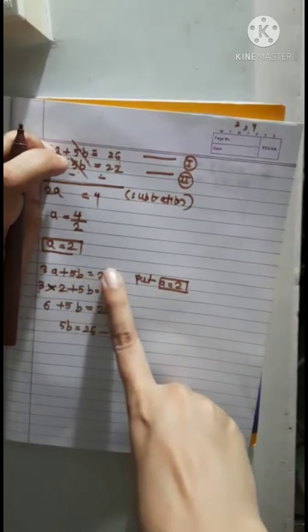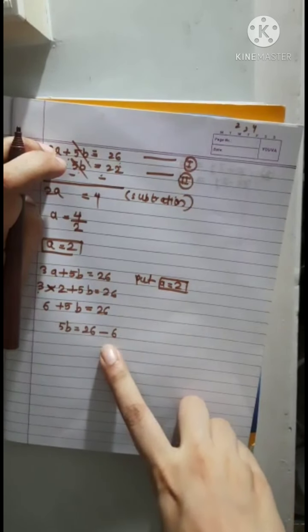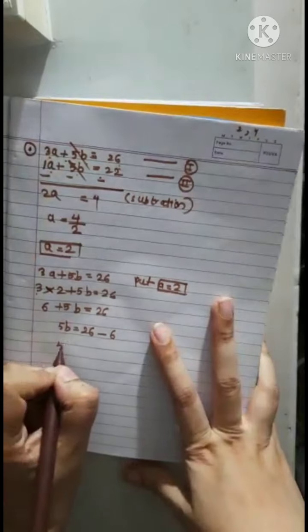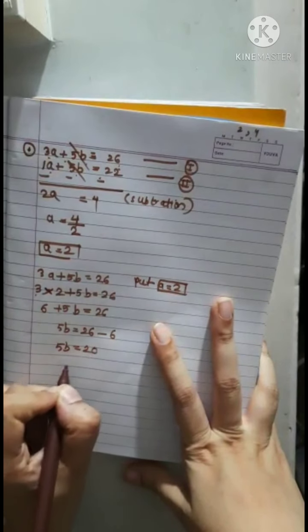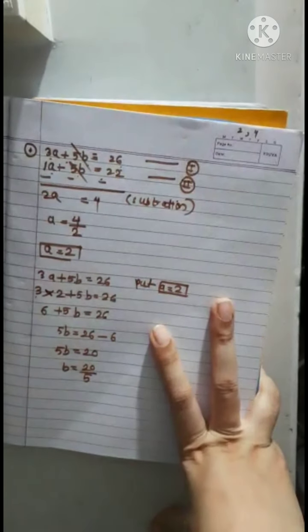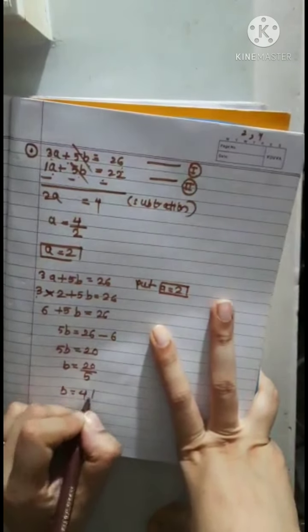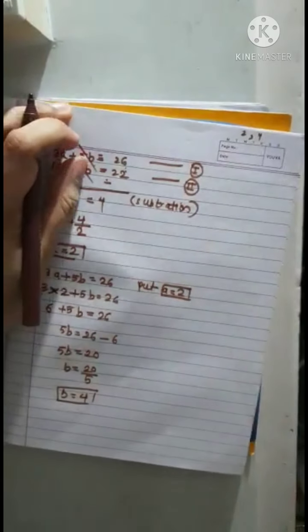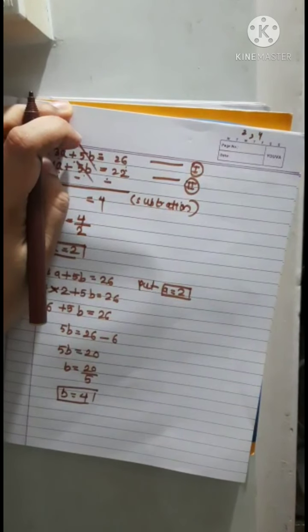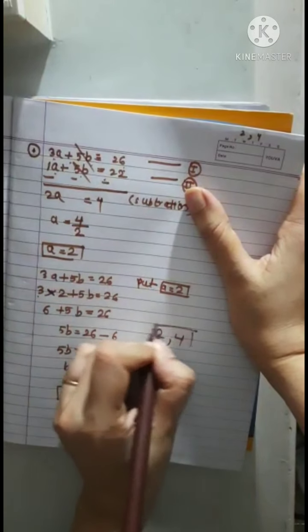So 6 has interchanged its place, so the sign of 6 changed. So 5b equals 20. b equals 20 upon 5. So that is nothing but 5 fours are 20. So I got two values, a equals 2 and b equals 4. Done.